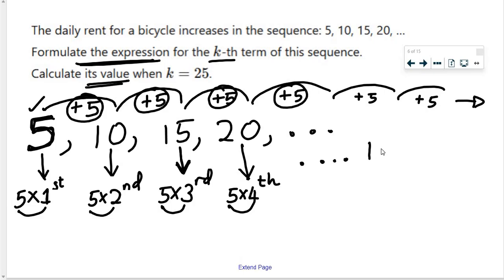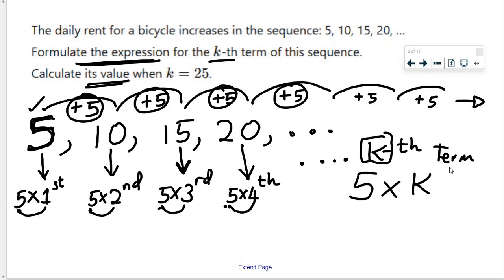So to find the kth term, you're going to keep the same 5 into k, and this is what we call the expression for the kth term.